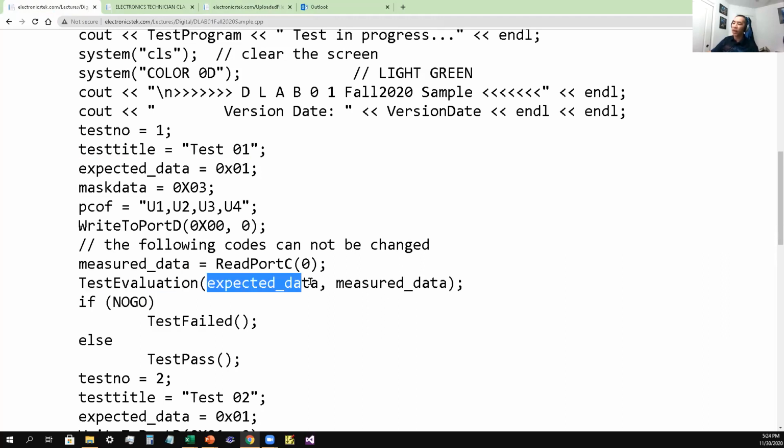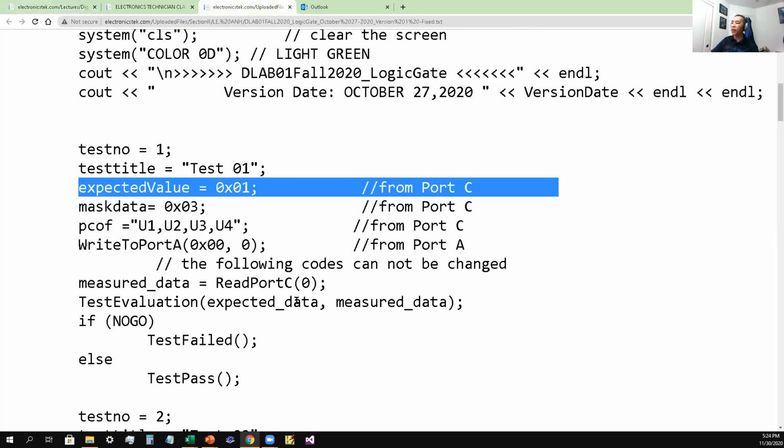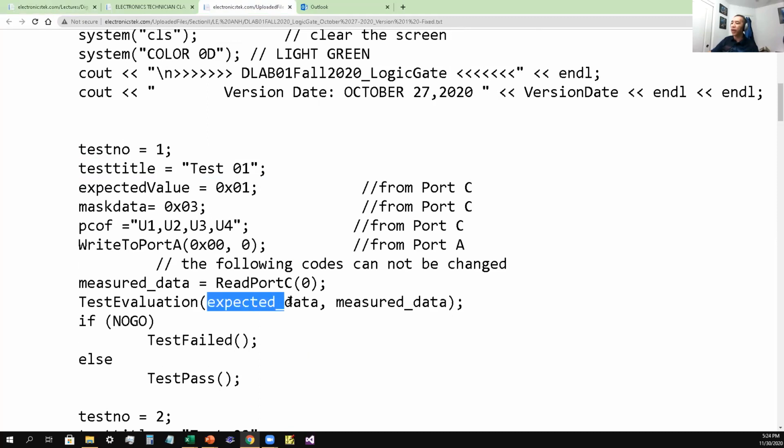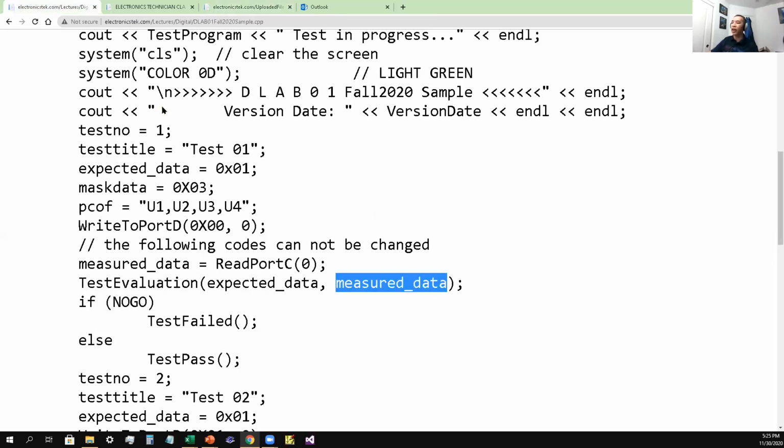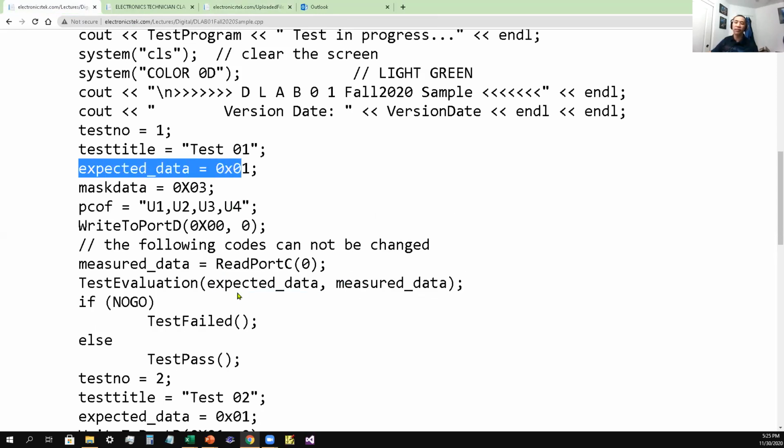They're going to take the expected data and compare it to the measured data. Is it right or wrong? But here you have nothing. Where's your expected data in test 1 here? There's no expected data anywhere here. So they can't compare this and this together. Like here, they can, because they can compare it to this one, since this expected data is from this line right here.